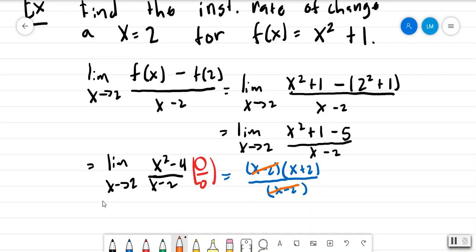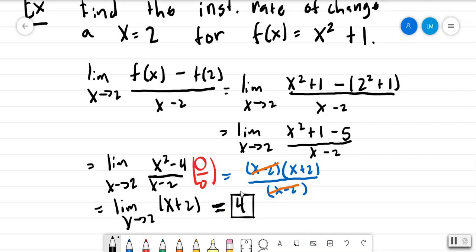This tells you that the limit as x approaches 2 of x plus 2 is just going to equal 4. So the rate of change at 2 for this equation, and that's the tangent, is equal to 4.